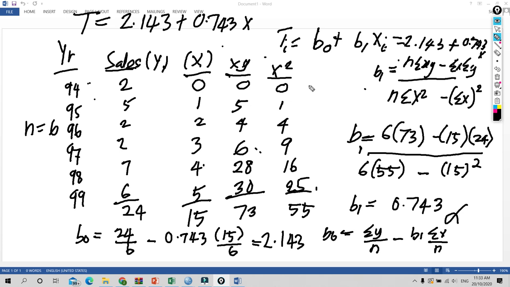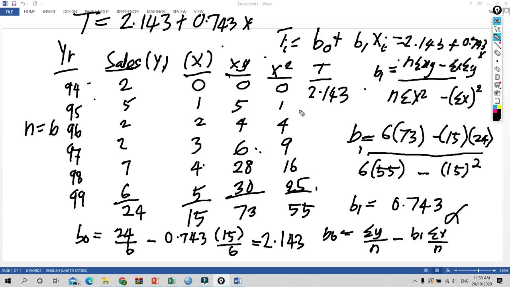So in order to find a trend line here, you can just plug in the trend line and substitute the values there. The first one, T1, is 2.143 plus 0.743 multiplied by x. Because your first year is 94, your x is equal to 0, so the value here is 2.143.